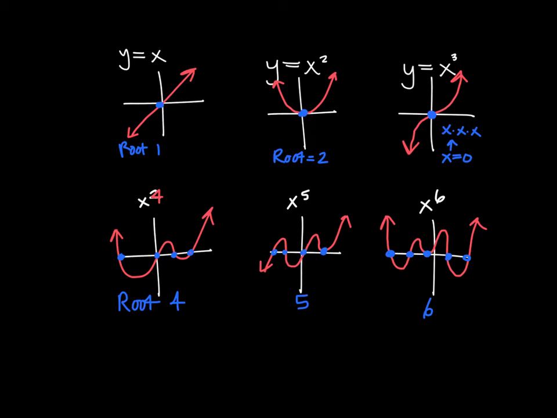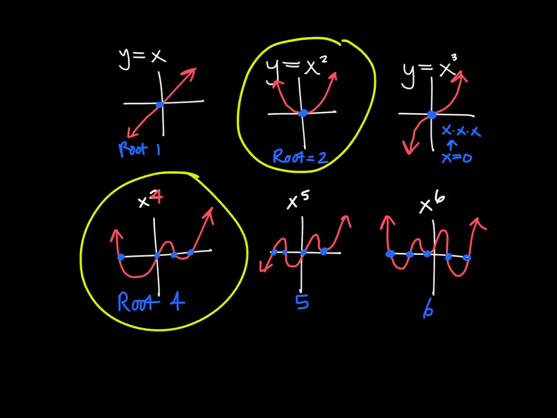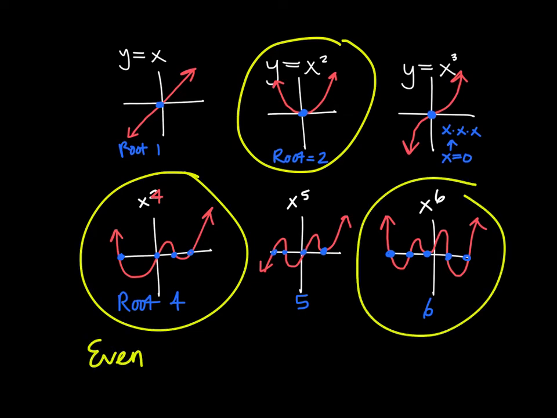All right, and the only other thing that we need to notice is our end behavior. Remember, end behavior is what it does on the left side of the graph forever, and then what it does on the right side of the graph forever. So first of all, I want you to notice, right now I am circling all of the even functions. These that are even have even exponents. So just remember you're going to look at the exponent to determine if it's even or odd.